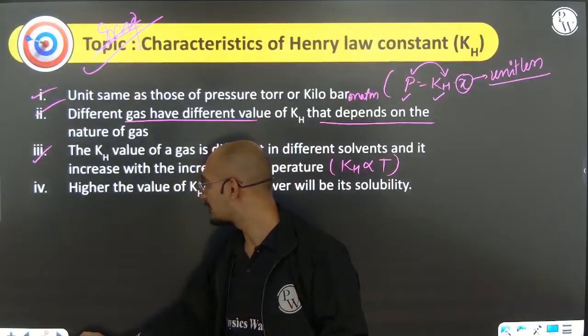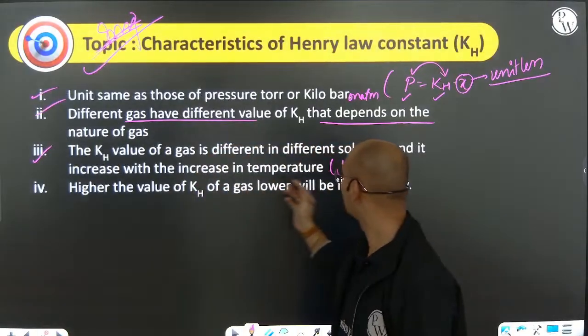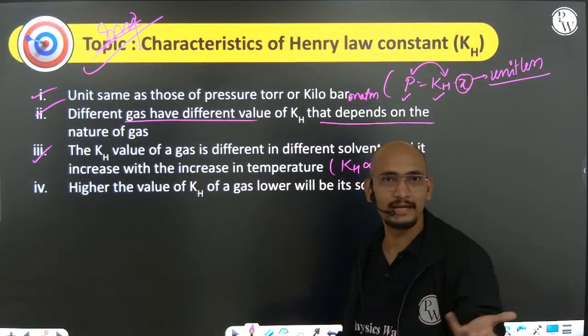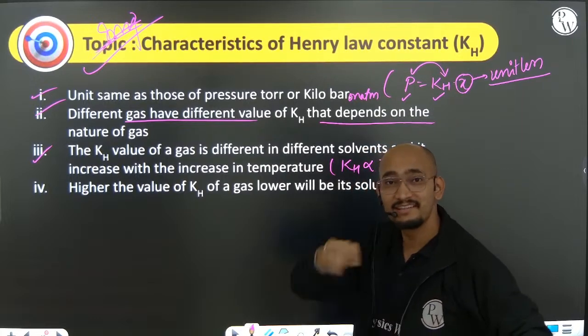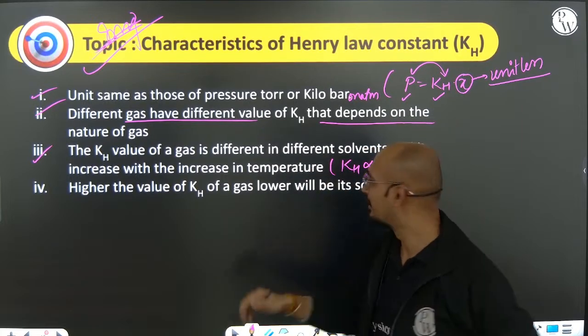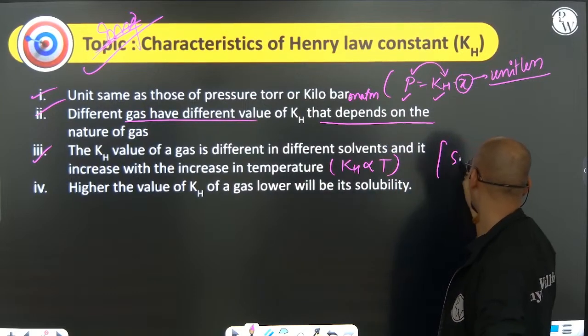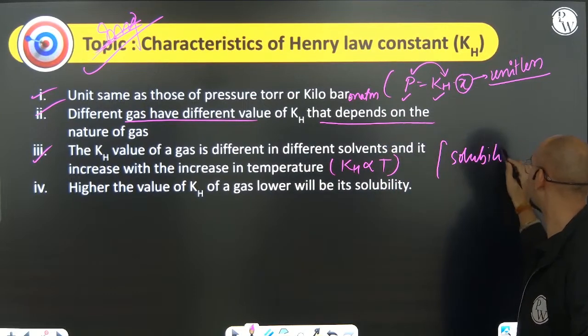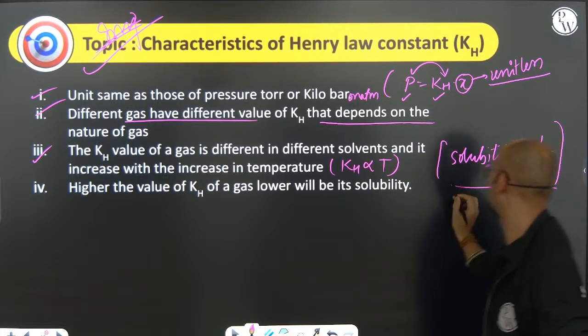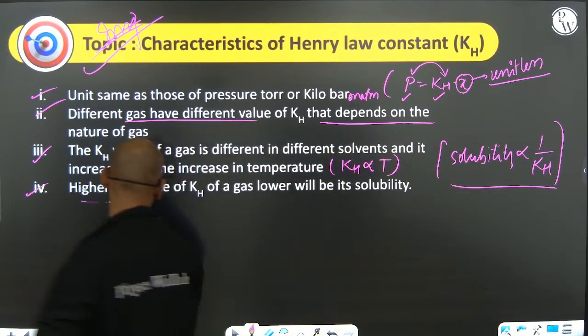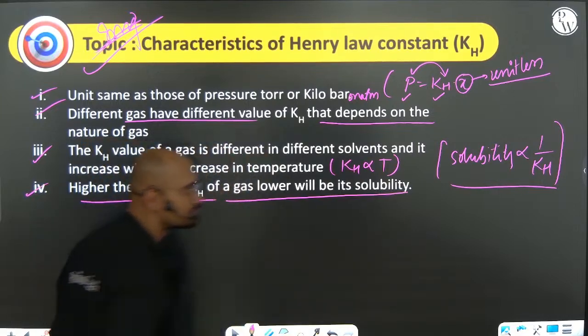So if on increasing temperature Kh increases, but solubility decreases, what can we say? On increasing Kh, the solubility will also decrease. So solubility is inversely proportional to Kh. Always remember, the higher the value of Kh, the lower will be the solubility of the gas.